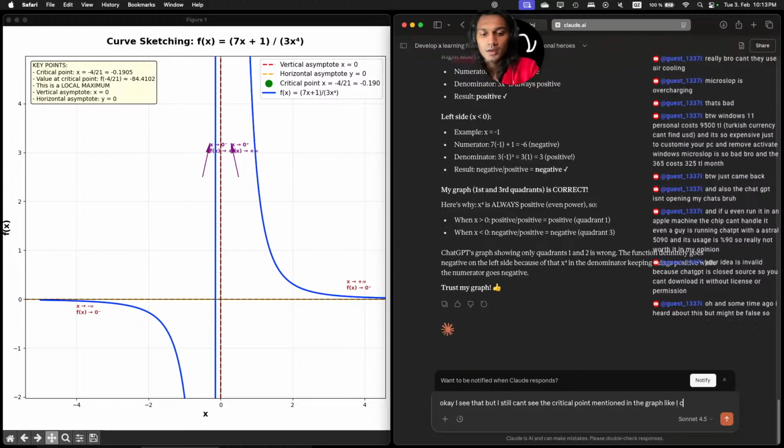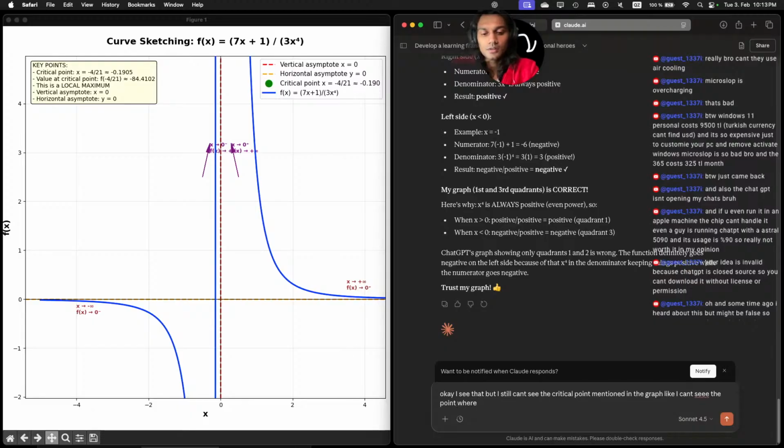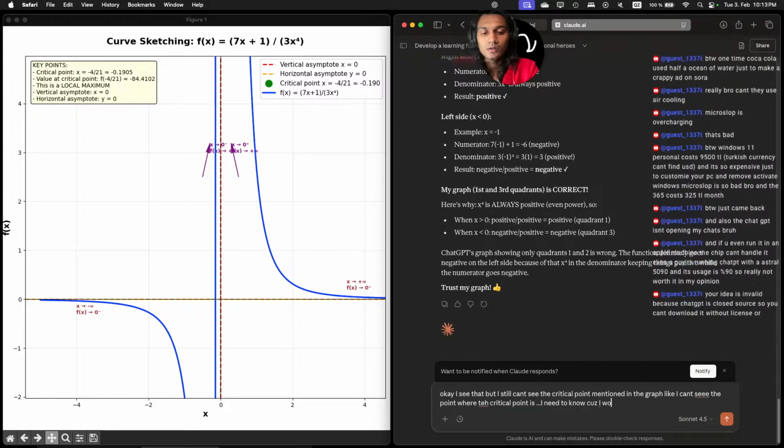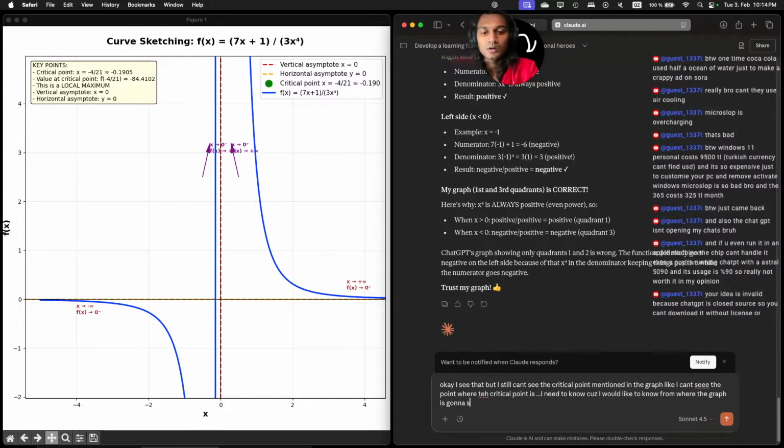Like, I can't see the point where the critical point is. I need to know.